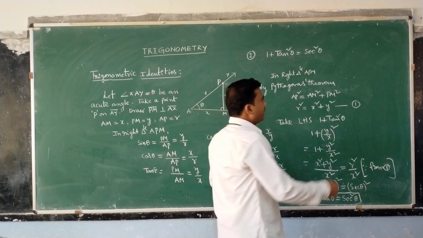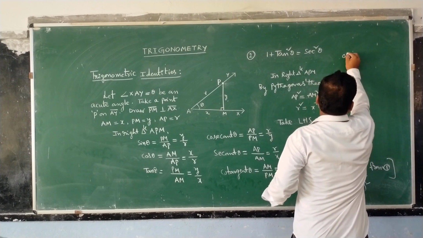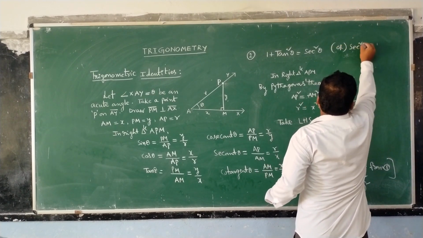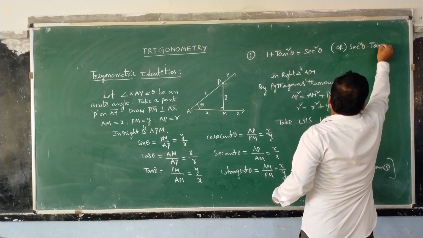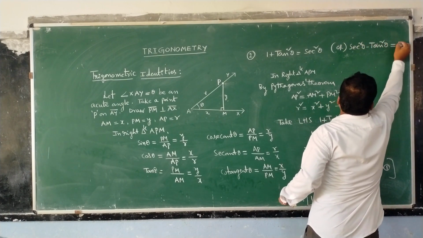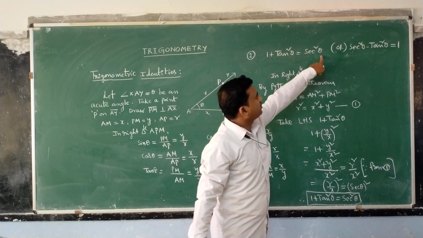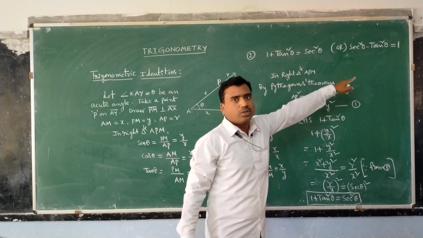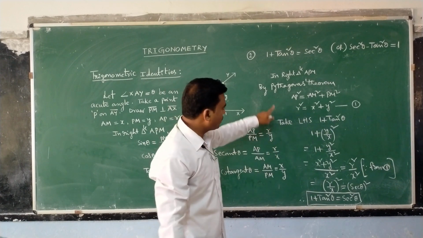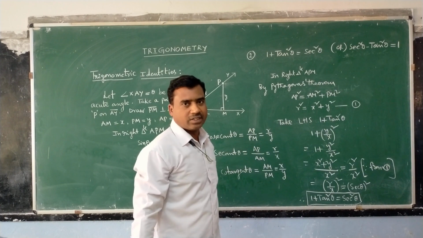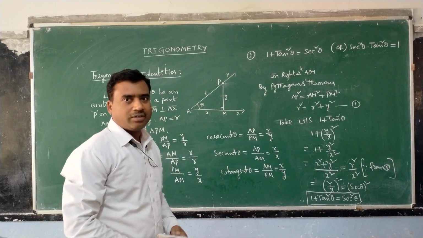It can also be written as secant square theta minus tan square theta is equal to 1. So this is the proof of 1 plus tan square theta is equal to secant square theta.